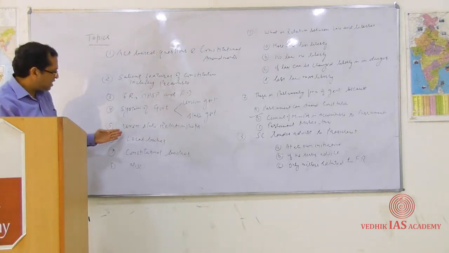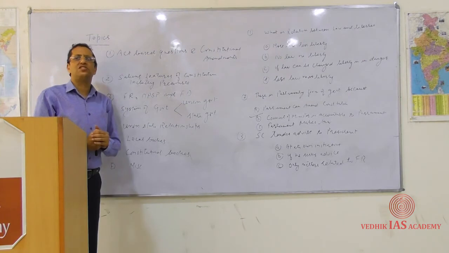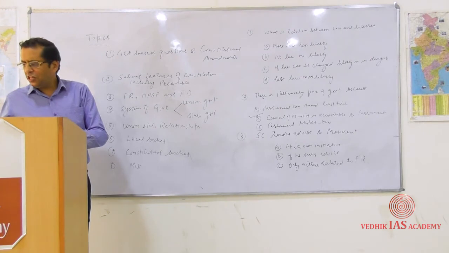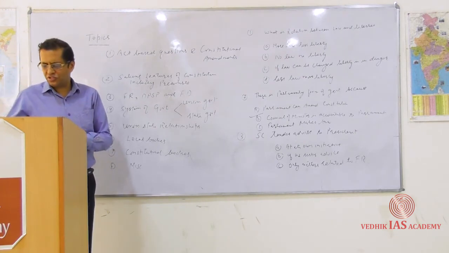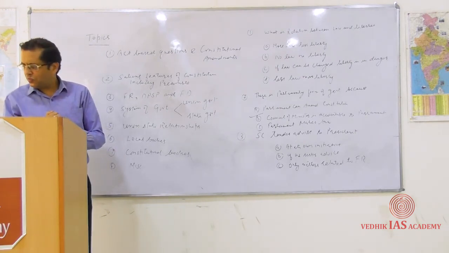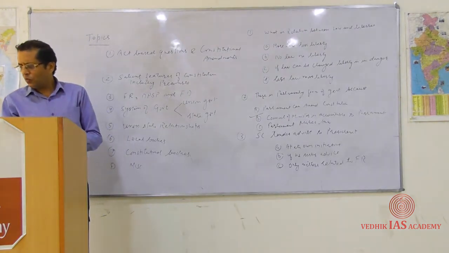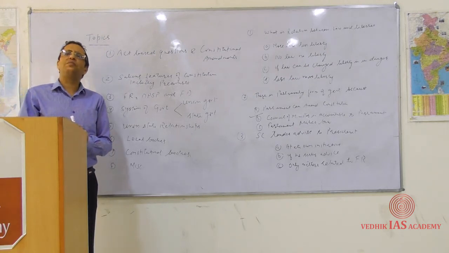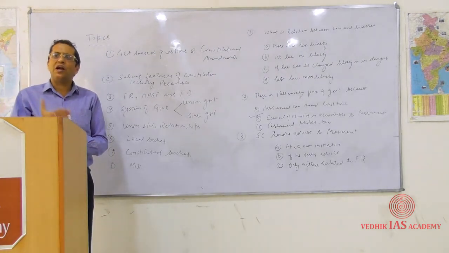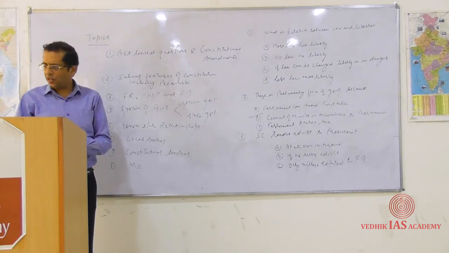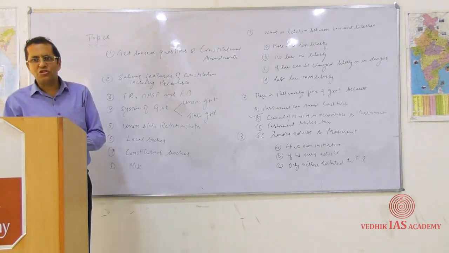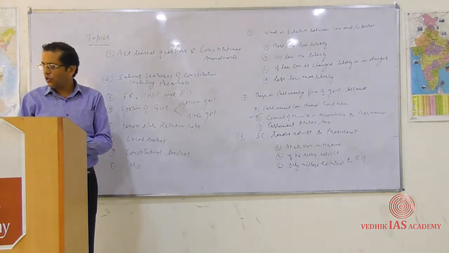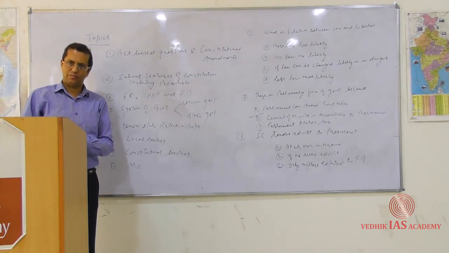Then the next is union-state relationship, center-state relationship. Here, mostly you find factual questions. Factual question means which are not the necessary consequences of proclamation of emergency under Article 356, like whether dissolution of assembly takes place, or council of ministers is dissolved, or local body is dissolved.